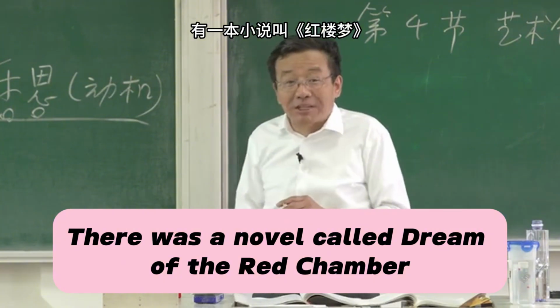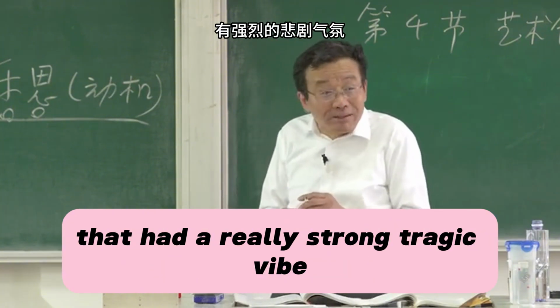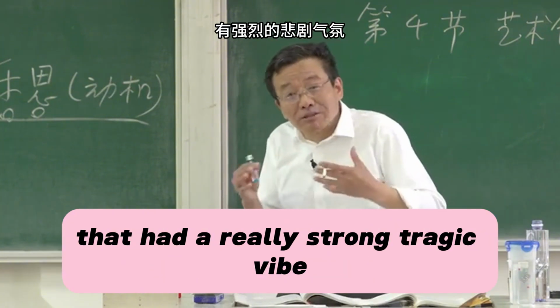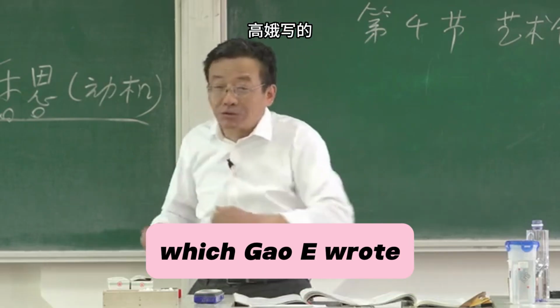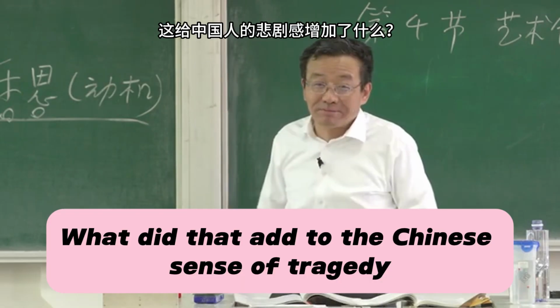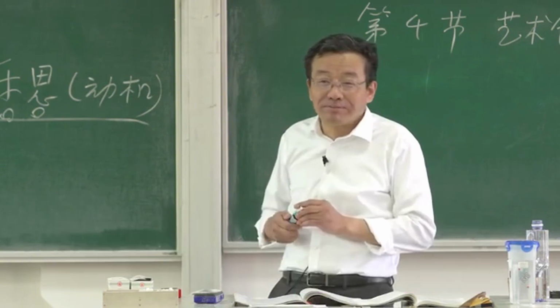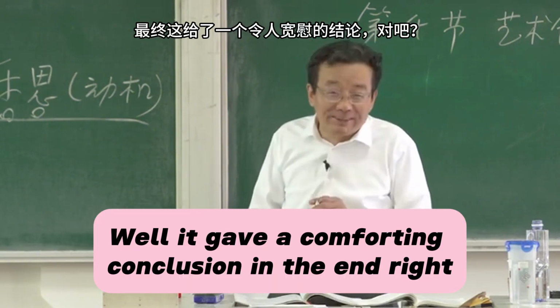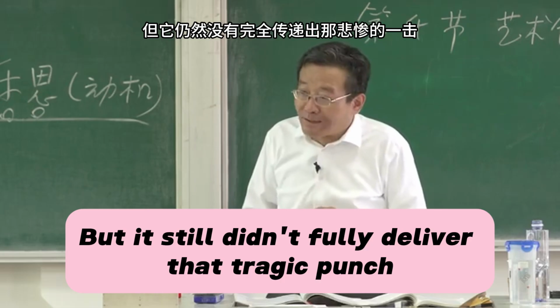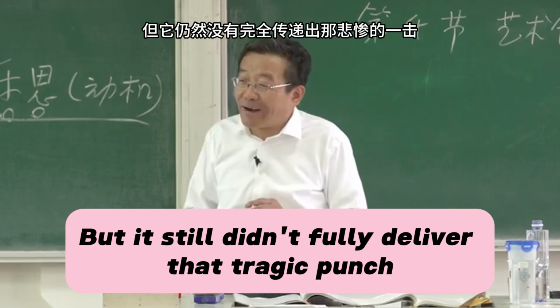There was a novel called Dream of the Red Chamber that had a really strong tragic vibe, but it kind of lost it in the last 40 chapters, which Gao E wrote. What did that add to the Chinese sense of tragedy? Well, it gave a comforting conclusion in the end, right? But it still didn't fully deliver that tragic punch.